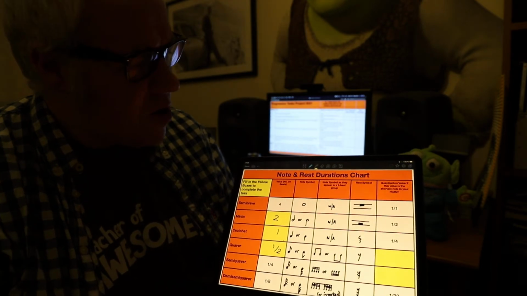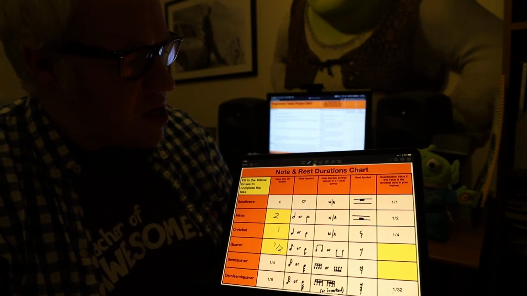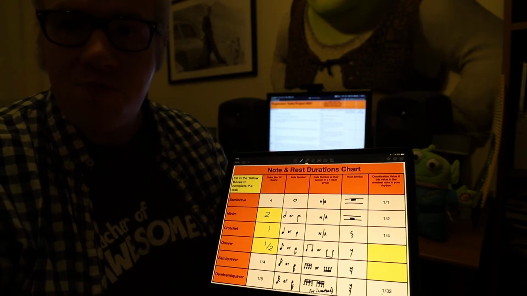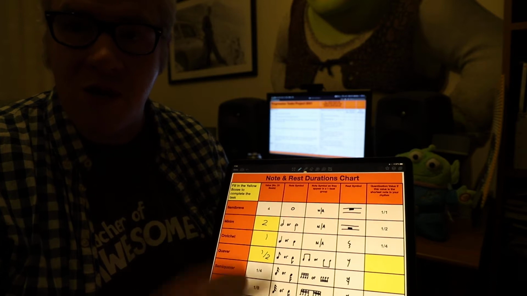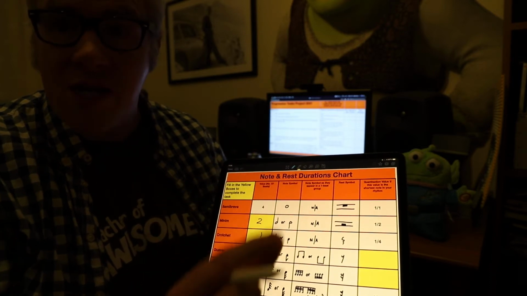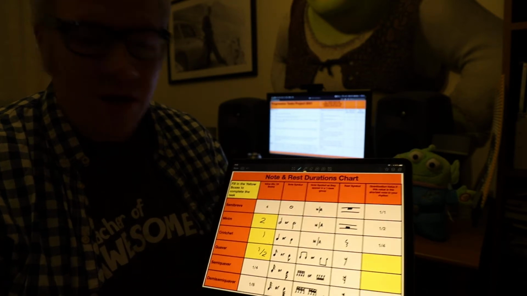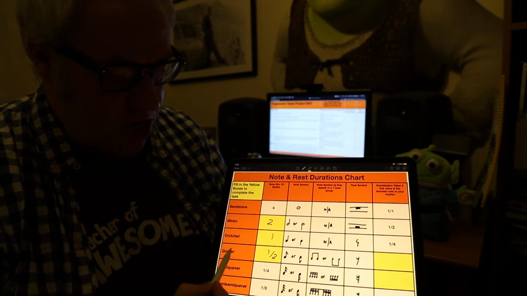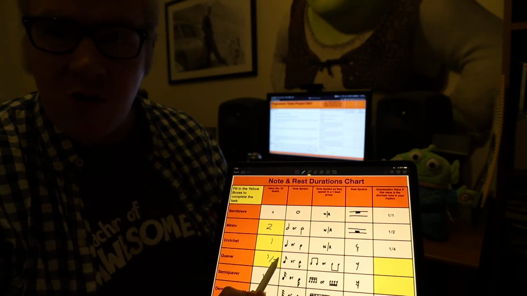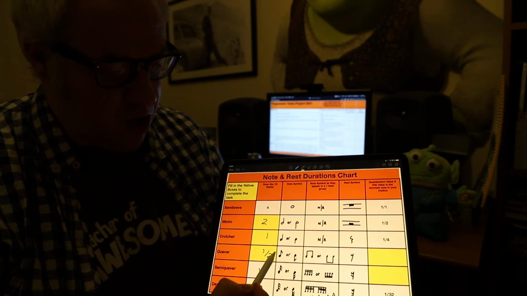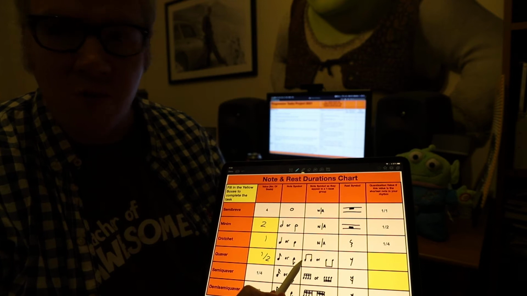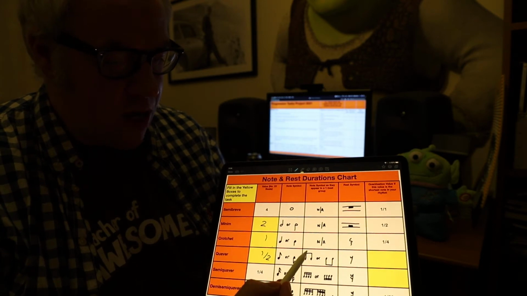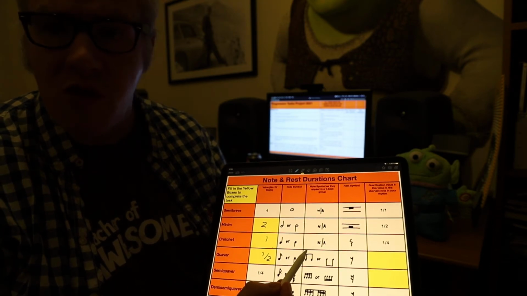Now the third column says note symbol as they appear in a 1-beat group, because some of these notes are less than a beat in length, so you can put them next to each other to make it look neater. For example, with quavers, rather than draw 2 notes that each have a dot, a stem and a tail, we draw 2 dots, 2 stems, and then beam them together.